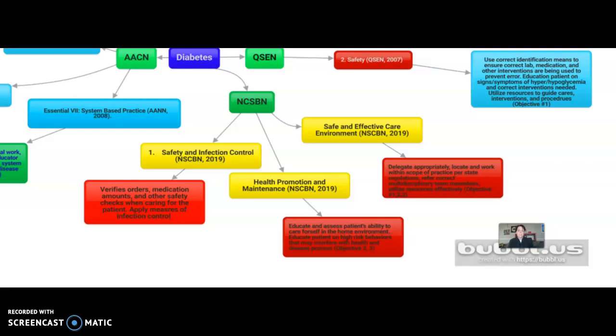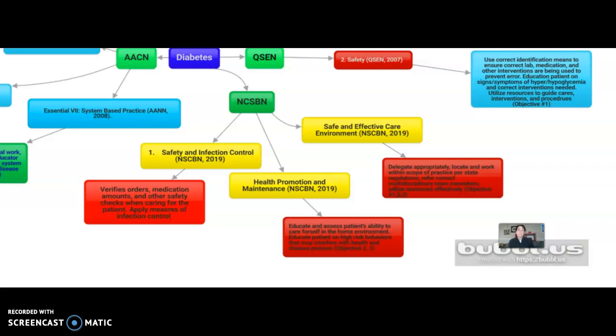So the way that this would be sought out is by delegating appropriately, locating and working within scopes of practice per state regulations, referring correctly to multidisciplinary team members, and utilizing resources effectively. So that would actually hit all of the objectives 1, 2, and 3.